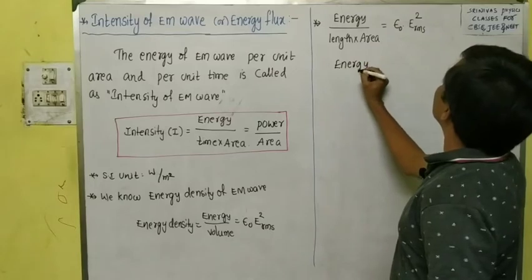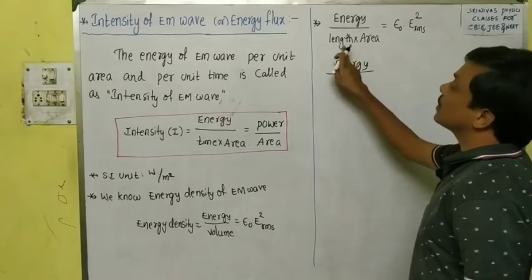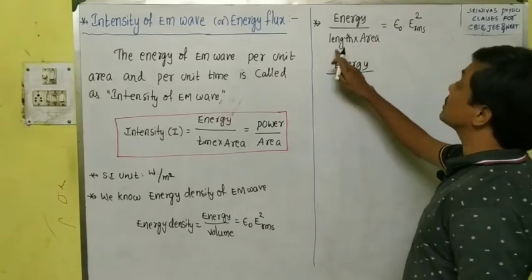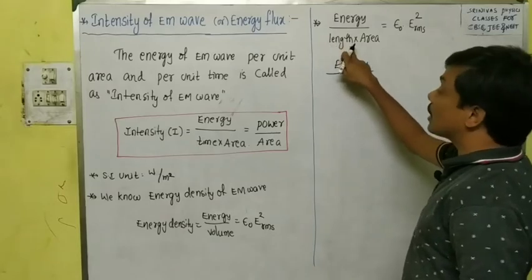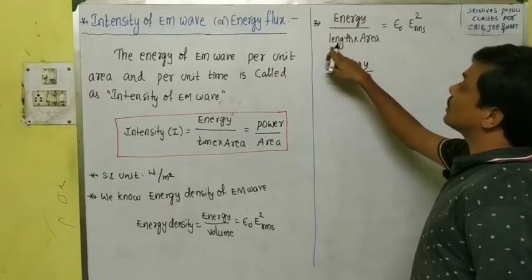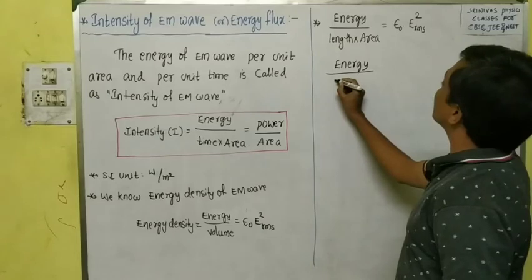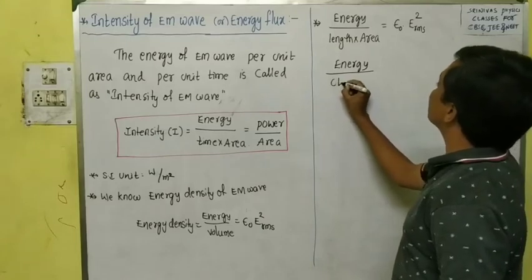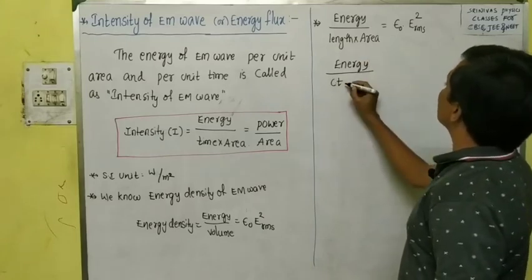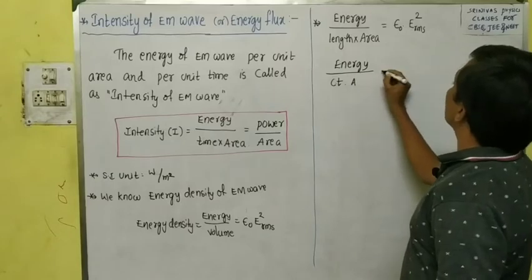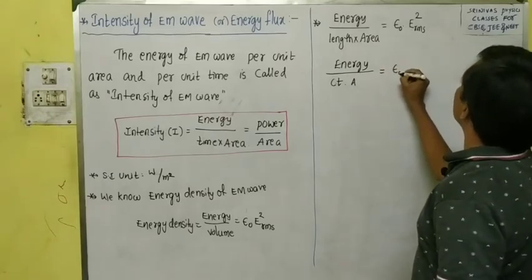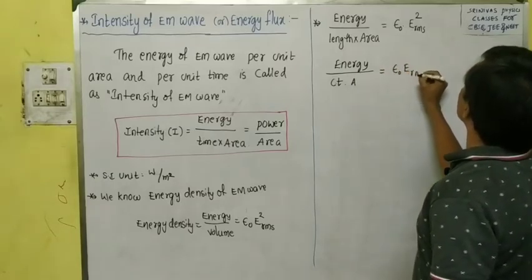This length we can write as speed into time. Length is the distance traveled by the electromagnetic wave, which is equal to speed of electromagnetic wave into time, c t. So energy by c t into A is equal to epsilon naught ERMS square.